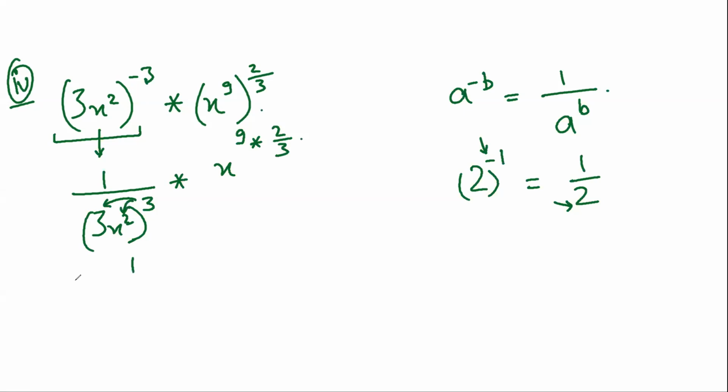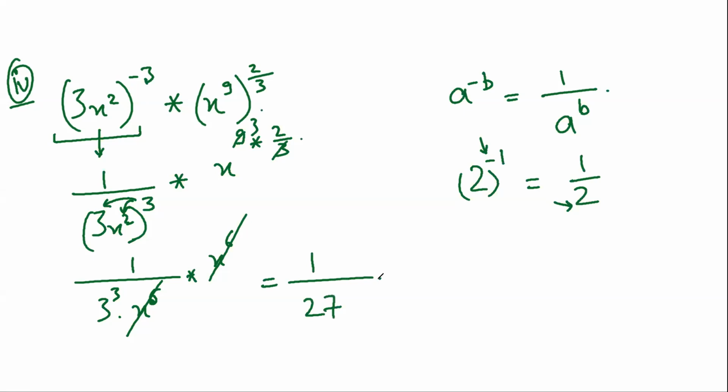So this will be equal to 1 upon 3 cube x6 into x raised to power 6. So this and this will get cancelled. The final answer that we will get is 1 upon 27. I hope it is clear.